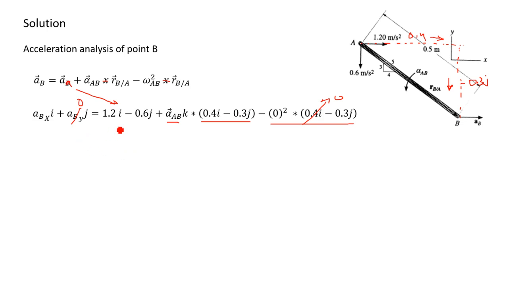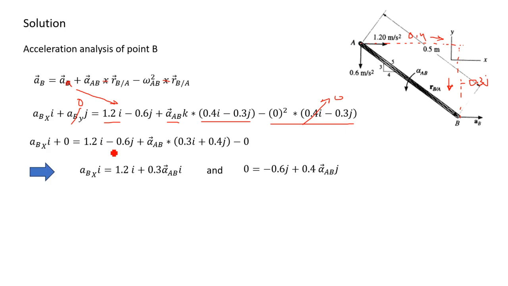Now by solving, I will have this one is I. The K multiplied by the J is minus I, multiplied by minus is going to be positive, and everything else is going to be for the J. So we are going to solve for this equation, and then I'm going to divide it to the I's and the J's. And you can see that the unknowns we have here for this one, this is unknown, and that's unknown.